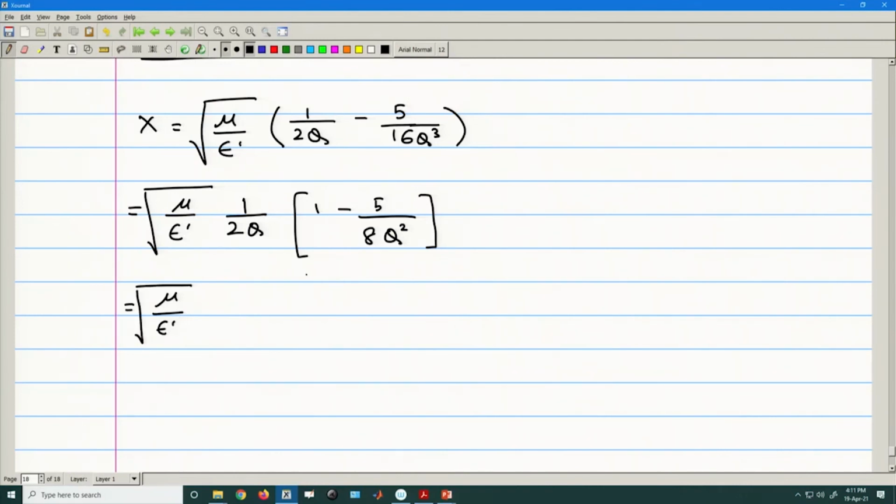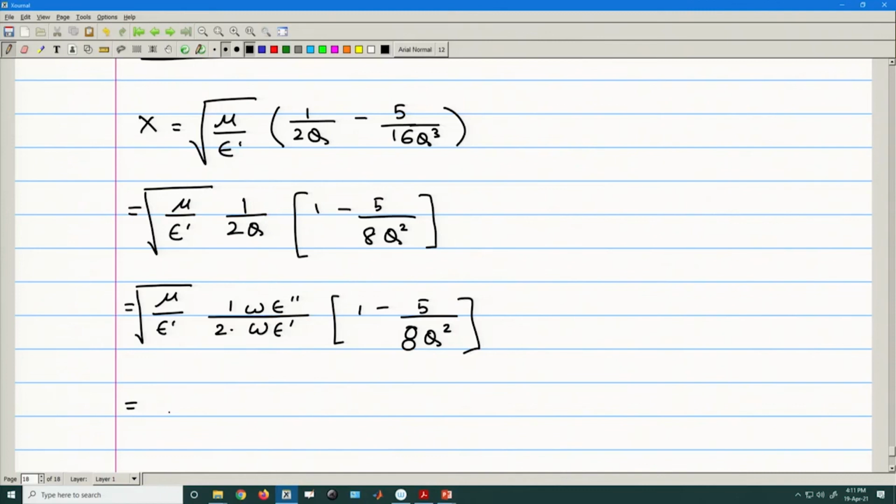So again we will substitute the value for q over here, so we will get 1 upon 2 multiplied by omega epsilon prime upon omega epsilon double prime, 1 minus 5 upon 8 q square.